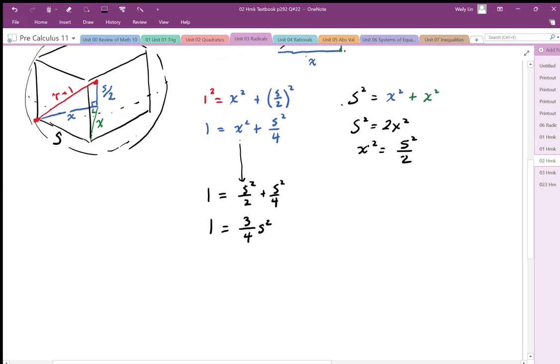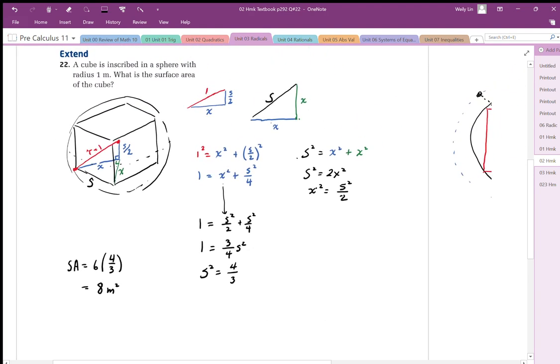And that then allows me to solve for s squared, which is the area of one of the squares. And that's going to be equal to 4 divided by 3. So if one s squared is equal to 4 over 3, then the surface area is going to be 6 of those surfaces, which is 4 over 3 times 6, or 24 over 3, and that's going to be 8 meters squared. Okay, so this is the answer to that question.